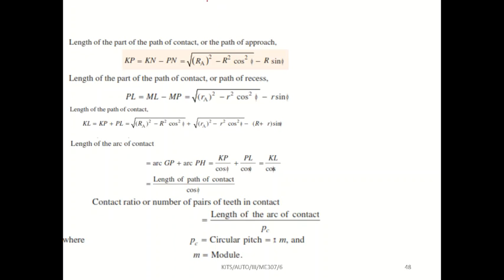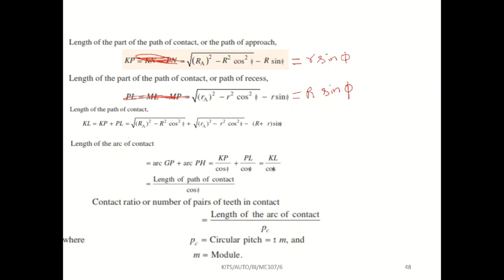That means this is the condition: root of RA square minus R square cos square phi, minus R sin phi will be equal to small r sin phi. Similarly here, it will be equal to capital R sin phi.